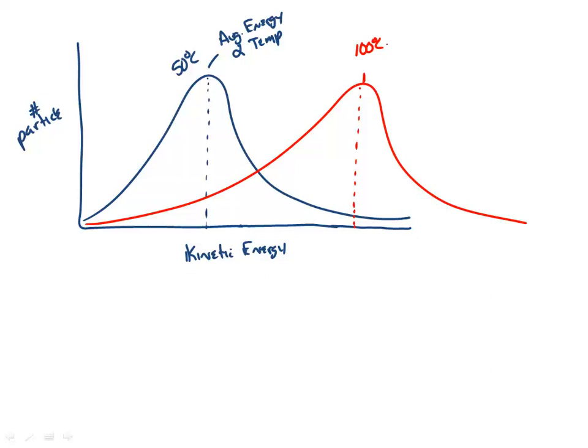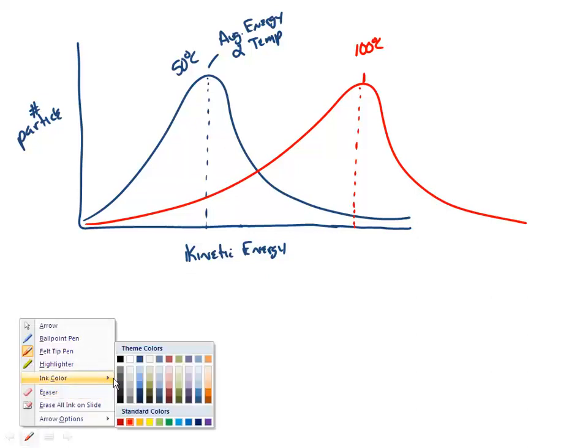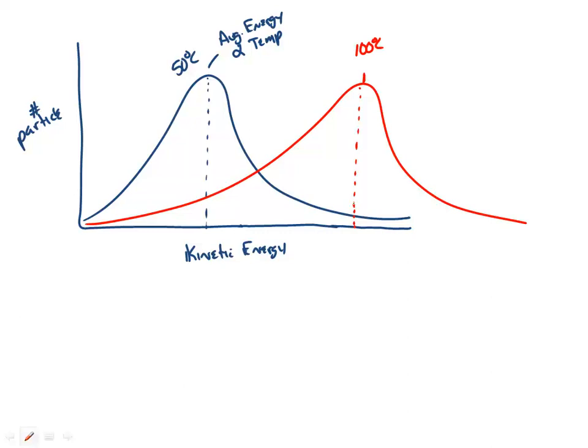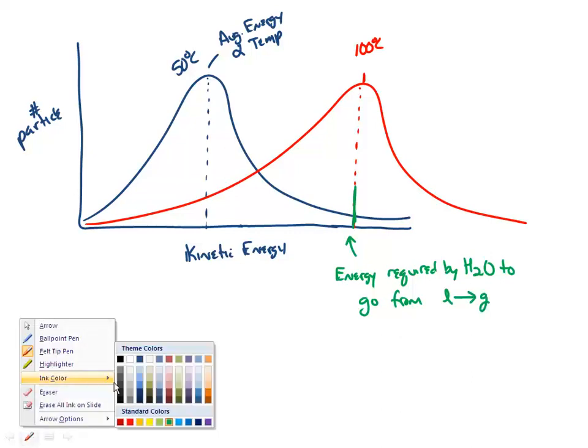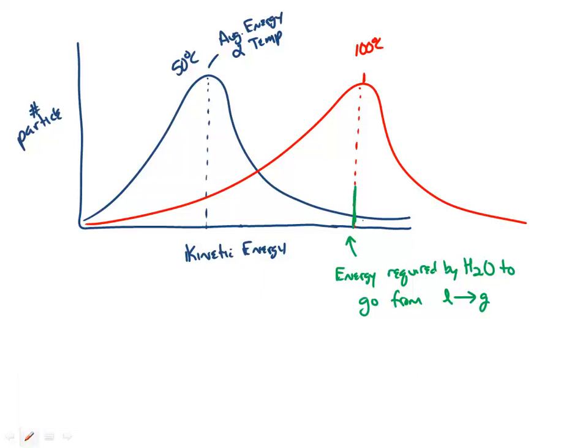And remember, that's the average kinetic energy, and it's the number of particles at it. And so if this spot on our graph right here represents the energy required by water, for instance, to go from a liquid to a gas, then notice that even at 50 degrees Celsius, some of the particles have that much energy.